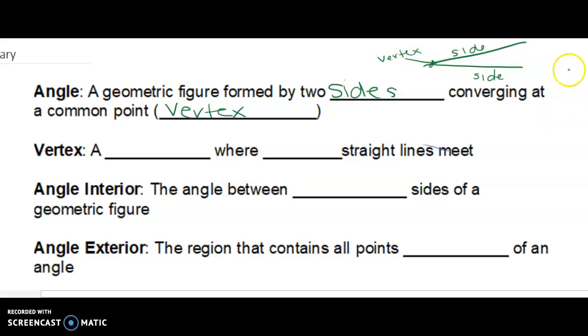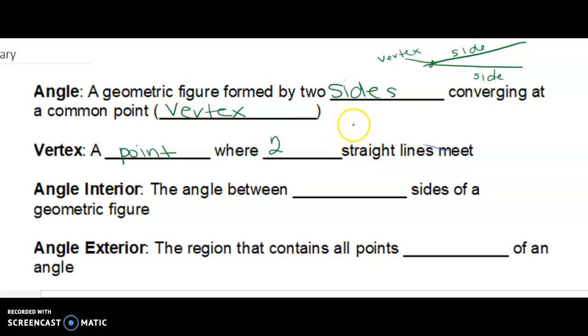So two sides and a vertex make an angle. As we probably just noticed, the vertex is the point where the two straight lines meet, or the two sides of the angle come together.